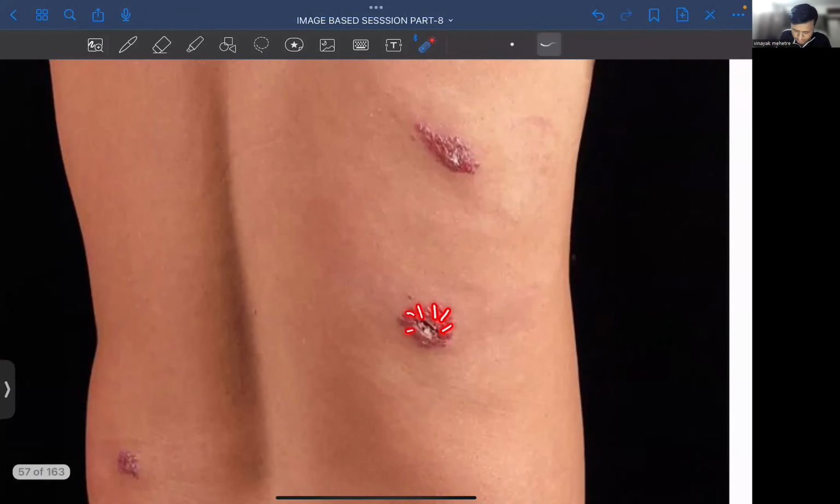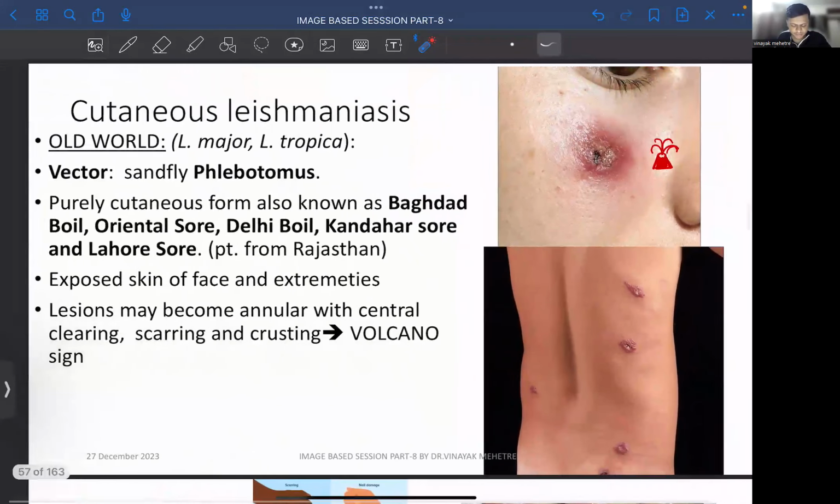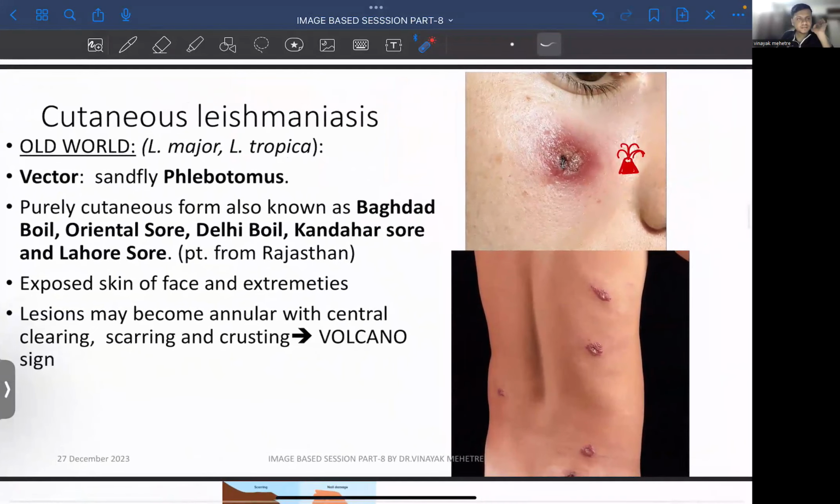Redness, top पे से हम volcano का पहाड़ देख रहे हैं, and there is red color lava going to come out, and this is called as cutaneous leishmaniasis. Sign का नाम क्या है? Volcano sign.